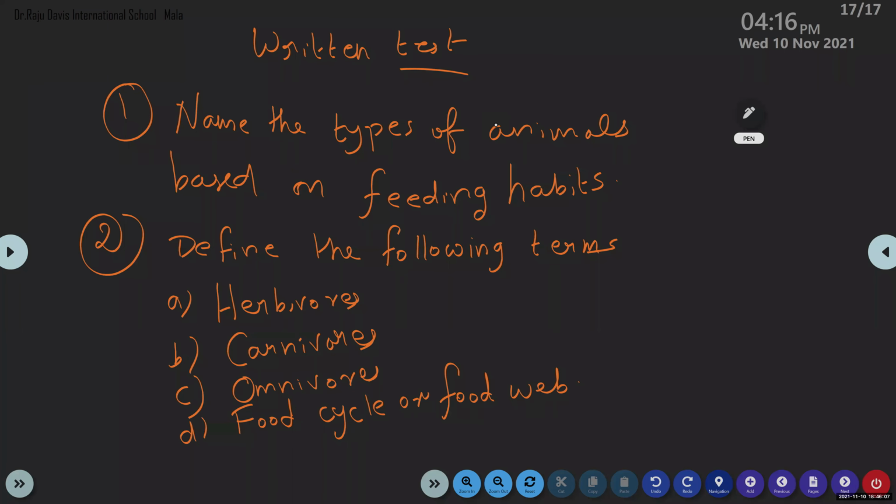Ma'am, when will you send the answers? Ma'am, after this, what are we going to do? This is for the written test. So there are some questions in the workbook also. Ma'am, which one will you send? Yes. I'm going to send you the workbook answers as well as these extra questions which I gave.